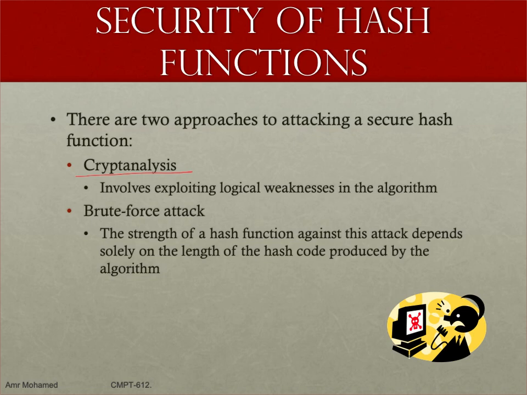But as simple as it is, it's not considered to be a strong hash function, because any primitive attacker will be able to manipulate X and get Y. The value of the hash will be the same. Very, very simple. So that's what we call cryptanalysis.